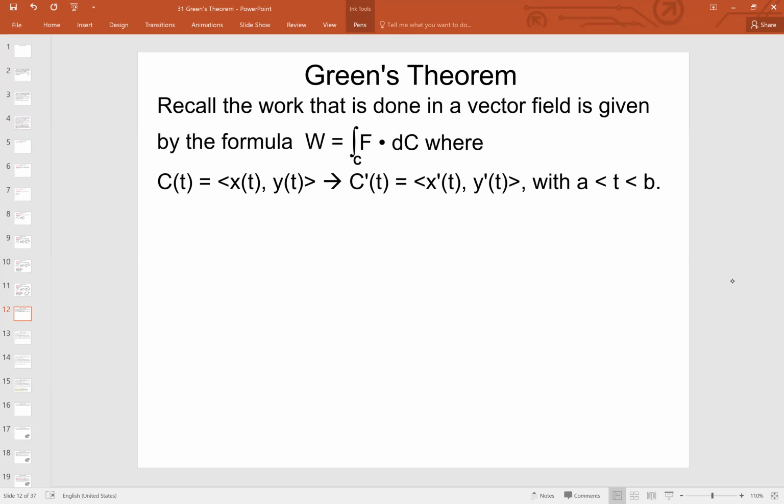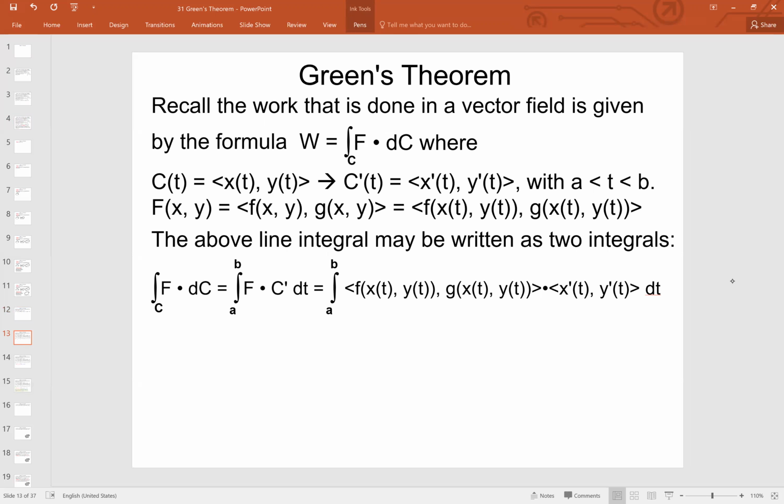Before we state Green's theorem, there's another notation we're going to pick up, because we're going to state the theorem in this notation. That is the line integral notation. If I write everything in terms of t, in terms of dt, I can break up the integral into two components.